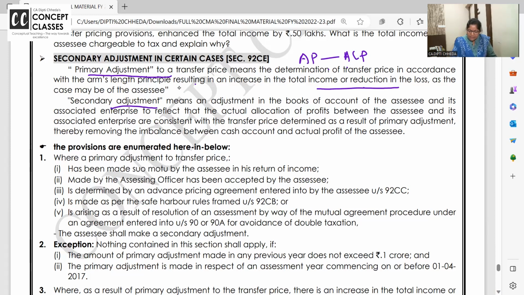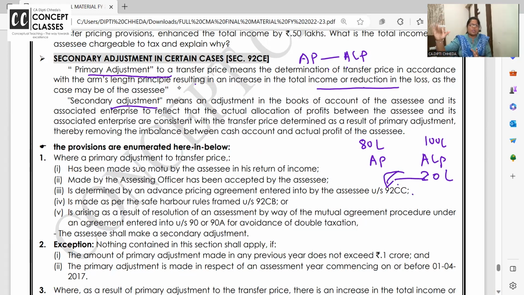Secondary adjustment is, okay, if my income was 80 lakhs and now because of the arm's length price you have increased it to 100 lakhs, then this 20 lakhs total income we have increased in India from the foreign concern, then this 20 lakhs should be repatriated in India in 90 days. 90 working days, 20 lakhs should come to India, then only we will get the benefit from international transaction. This 20 lakhs which you have to bring to India is called secondary adjustment.